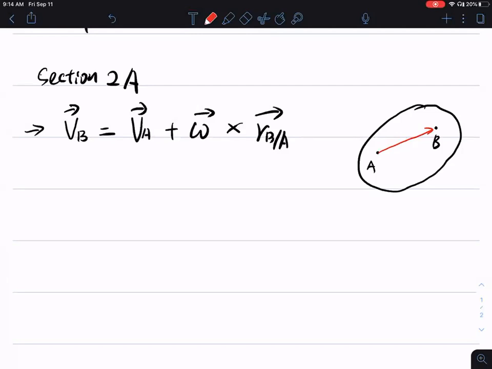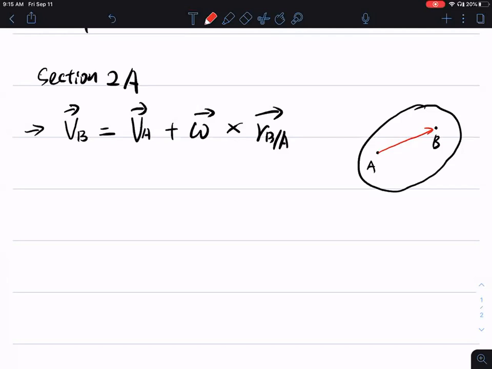Omega is the angular velocity of the rigid body. Now the question on that. Just for this rigid body, just give a wild guess. How many angular velocities does this rigid body have? Raise your hand if you think it should be only 1. Okay, 1. Raise your hand if you think there should be 2.